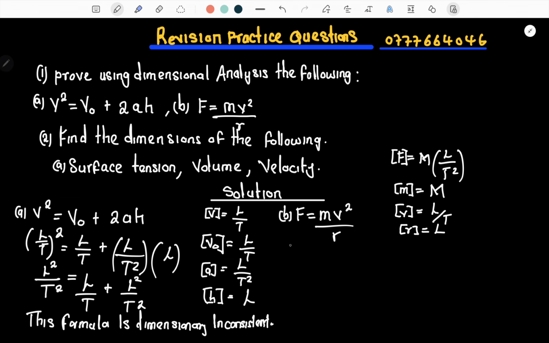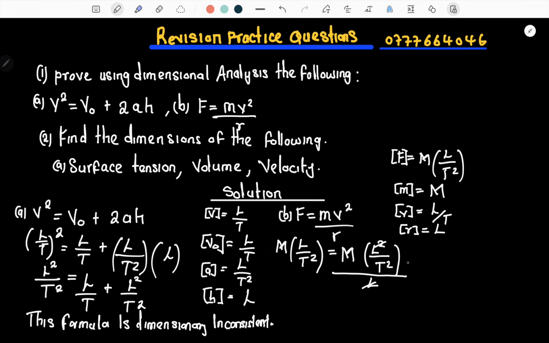Okay, so let's try to see what we have on our left-hand side. Force is replaced by M, L over T power 2. This is going to equal the mass, capital letter M, then the velocity squared, which is going to be L power 2 over T power 2, over L. So this and that can cancel.